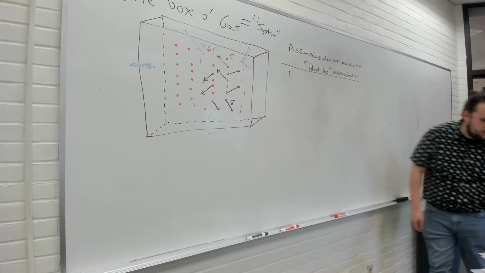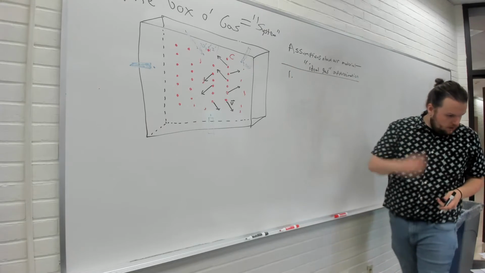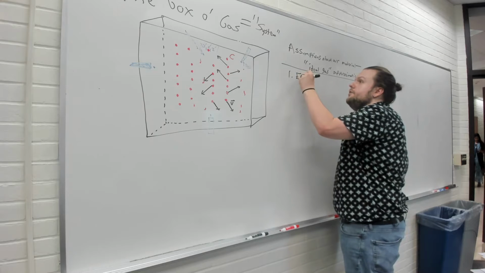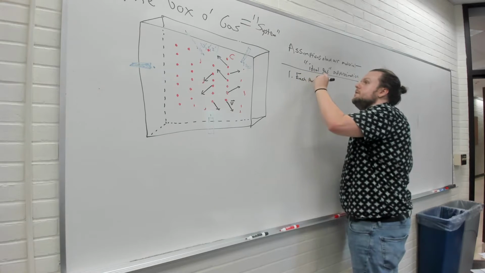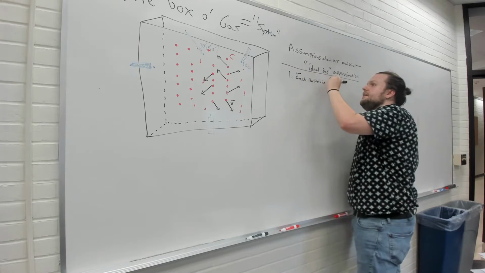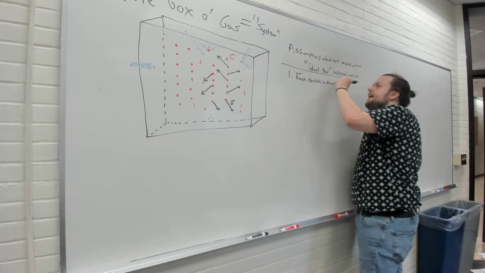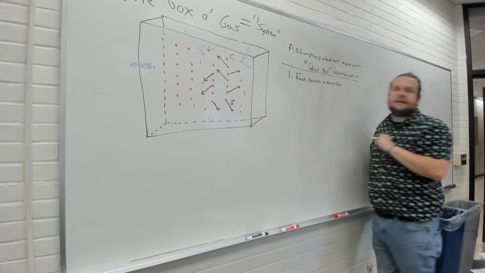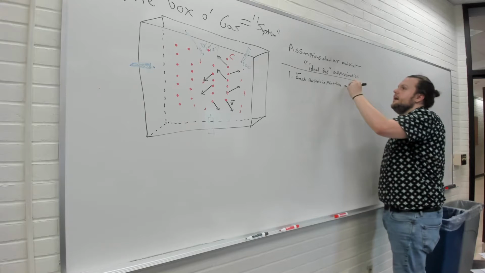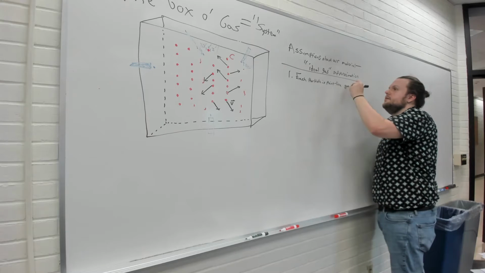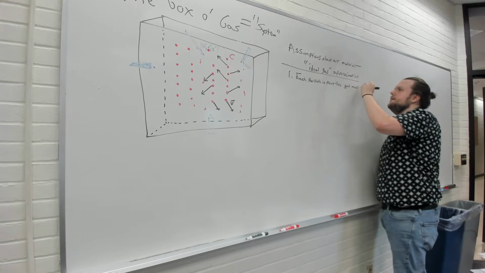There are a few assumptions that we make about ideal gases. One is that each particle is point-like, which means it has no physical shape. It's just a point, like an electron, of mass, and has some mass. We'll just call it m.